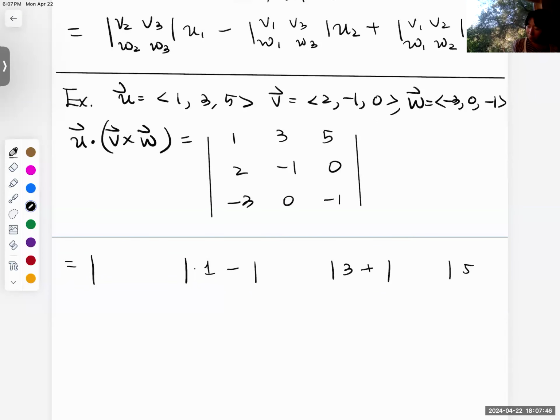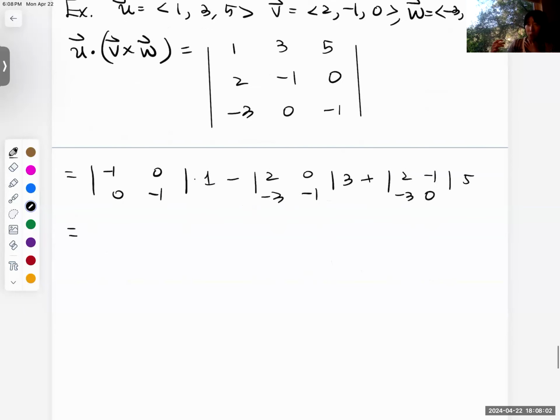Okay, so there will be -1, 0, 0, -1 for the first, 2, 0, -3, -1 for the second, and 2, -1, -3, 0 for the third. Please correct me if I make a mistake. So this is a positive 1, 0. The 1 doesn't do anything, so no need to write.